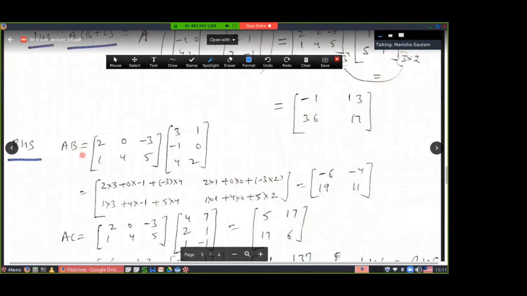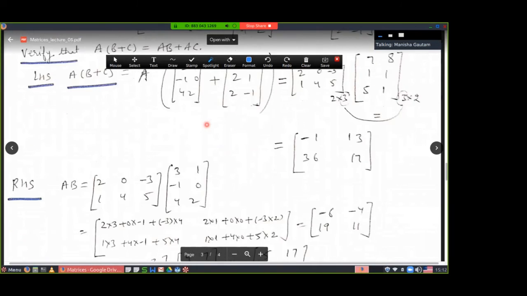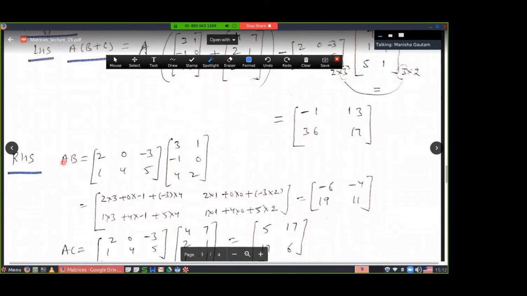Right hand side, AB means what? Here I can show you. Yes, AB plus AC is written in the right hand side. It means first you have to solve AB, then AC, add them, and you will get the right hand side. Now simplify it, multiplying A by B by the same procedure which was told to you.